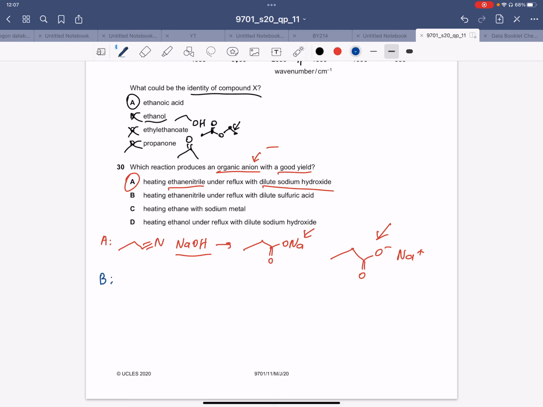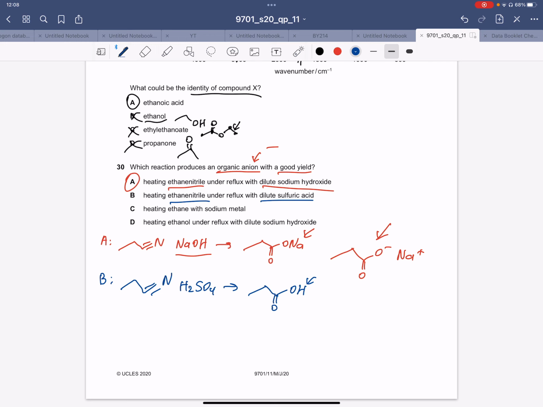Answer choice B. Heating ethane nitrile under reflux with dilute sulfuric acid. This one will do a similar reaction, but it'll just form the actual carboxylic acid. So same case as last time, but there's not going to be an Na, and instead it'll just be OH. Now, this is under acidic conditions, so that OH won't split.